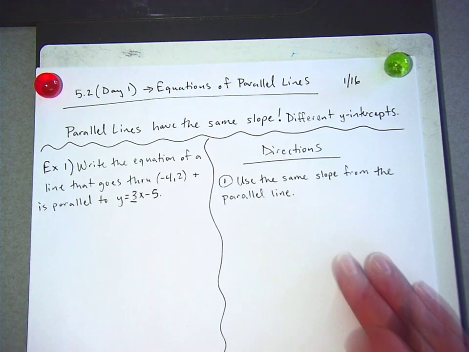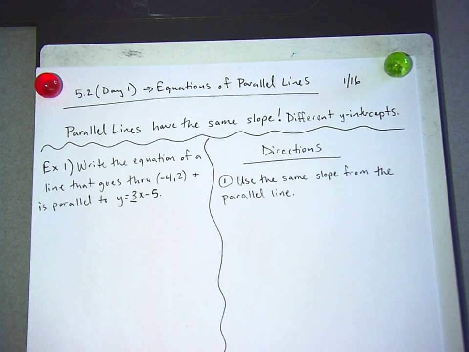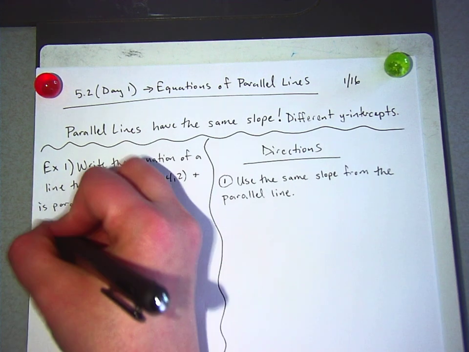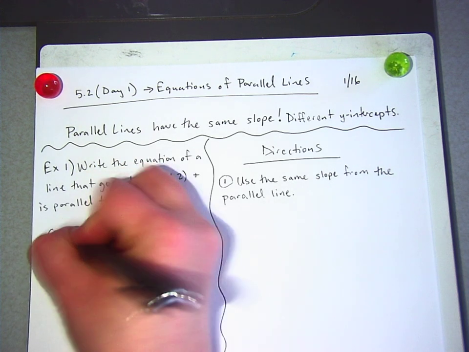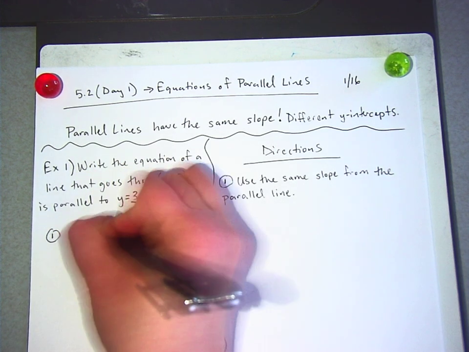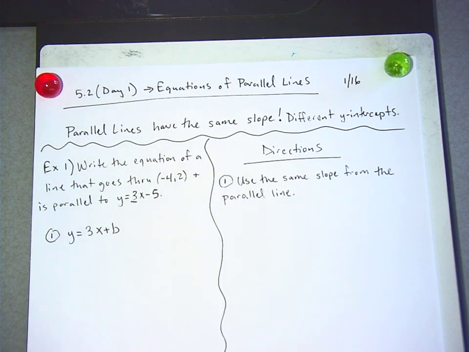Just jump in where you can, and I'll make you a copy of my notes, okay? All right, so I'm going to write here for step 1, y equals 3x plus b. I'm not going to write -5. I'm not copying down the -5 from the first equation. Now what?